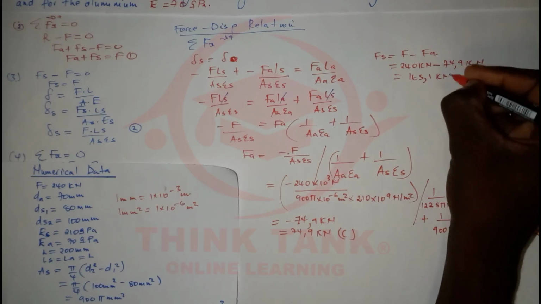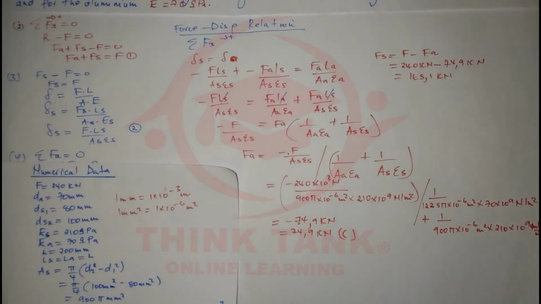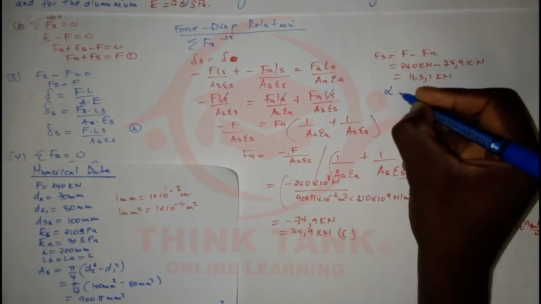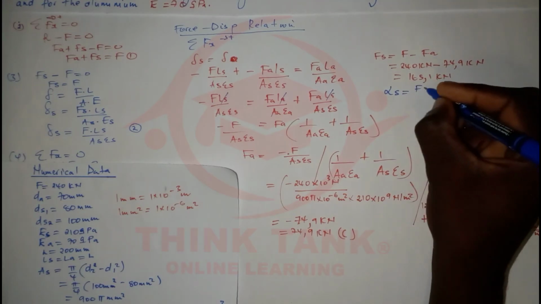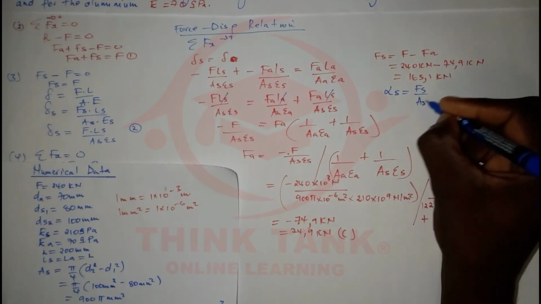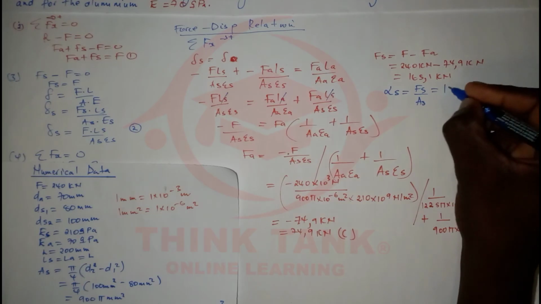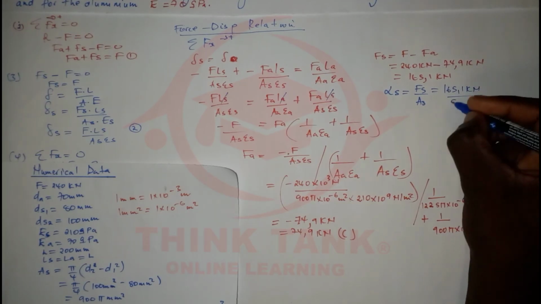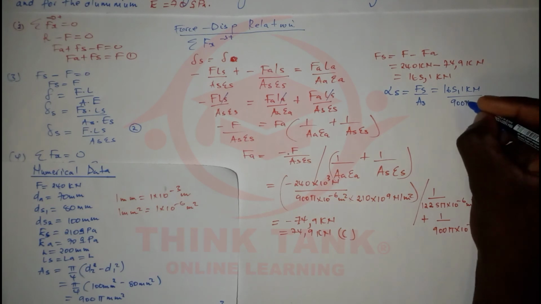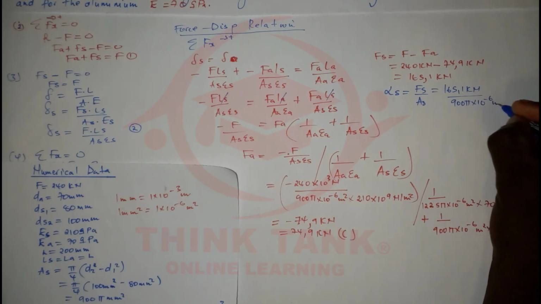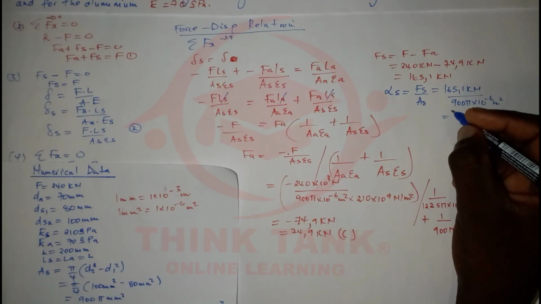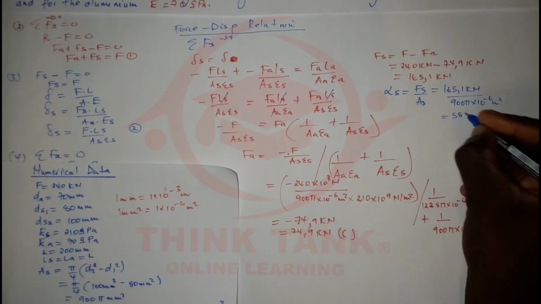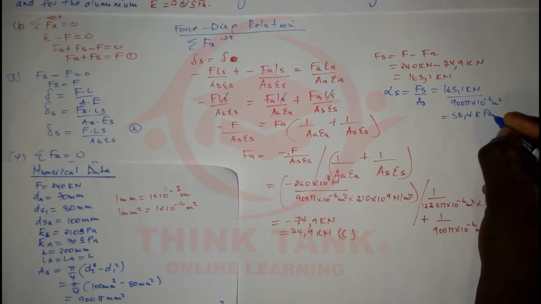We get 165.1 kilonewtons. Now that we have Fs and Fa, we can calculate the stresses. The stress in the steel is Fs divided by As, which is 165.1 kilonewtons divided by 900 pi times 10 to the power negative 6 square meters. We get 58.4 kilopascals.